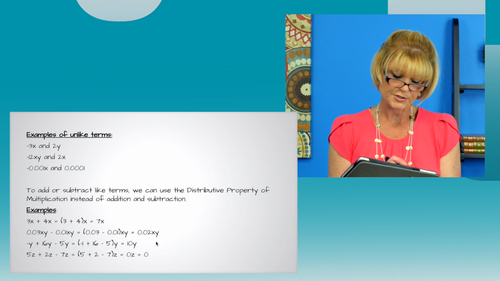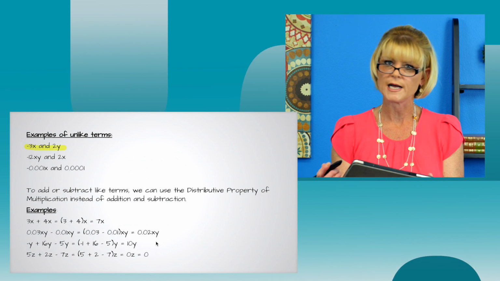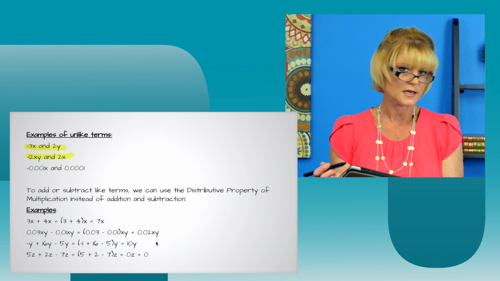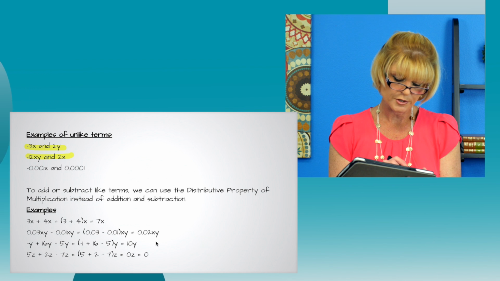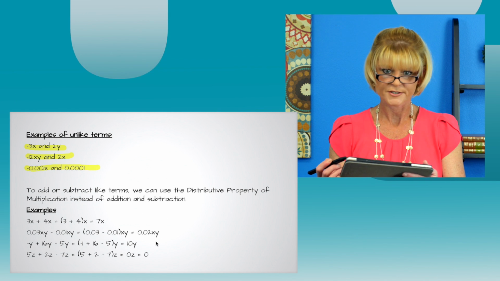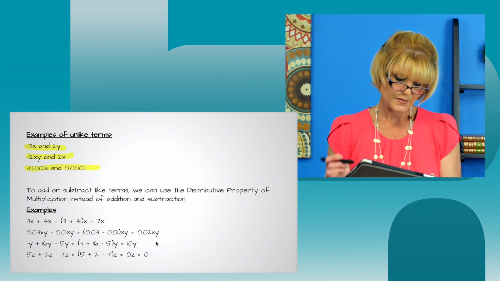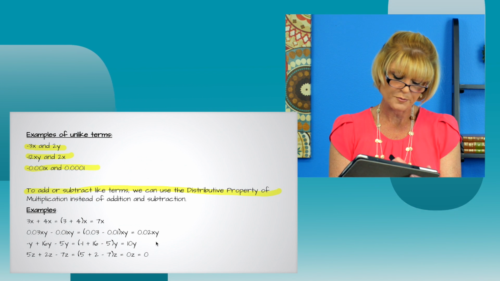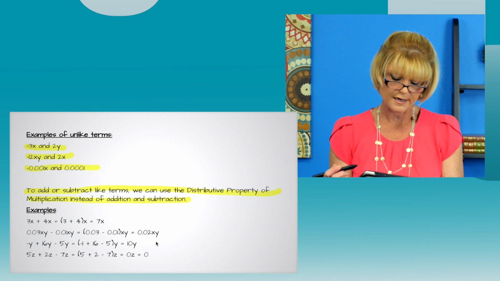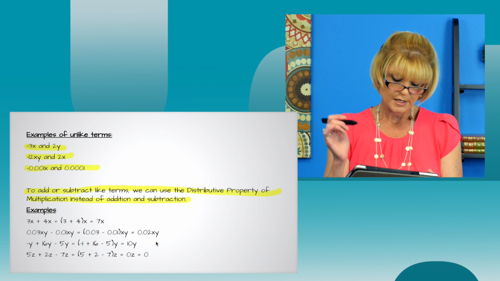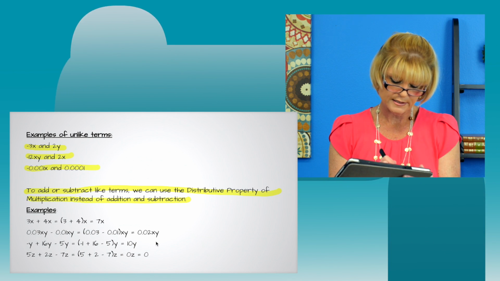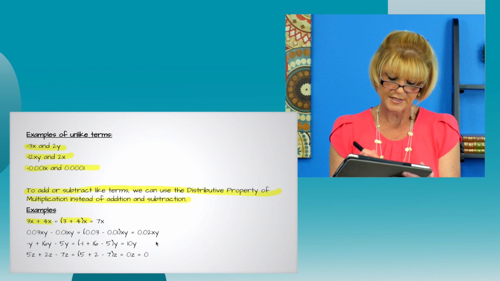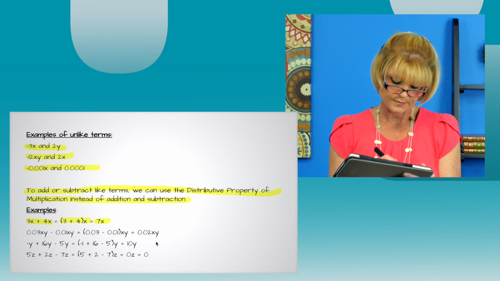So the opposite, these are different. -3x and 2y, unlike. -12xy and 2x, unlike. -0.001x and 0.0001, not like. To add or subtract like terms, we use the distributive property of multiplication over addition and subtraction. Look at this example here: 3x + 4x is the same thing as (3 + 4)x = 7x.